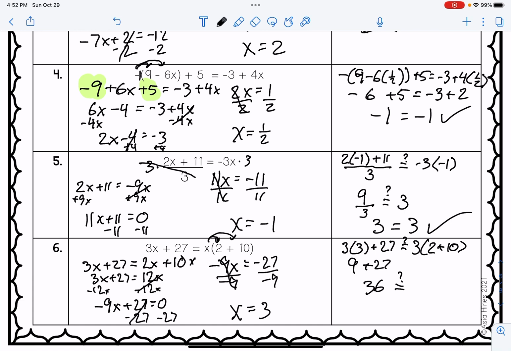Is this equal to 3 times 12, when I add those together in there, which is 36? We got the same thing, so we know our solution is x equals 3. This checks off, we know we got the correct solution.